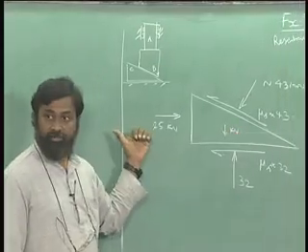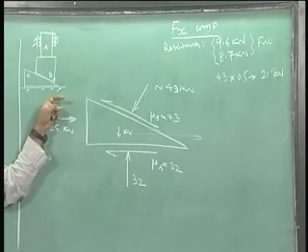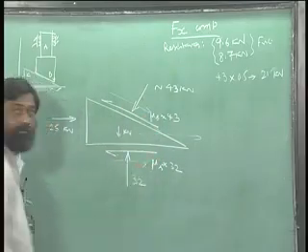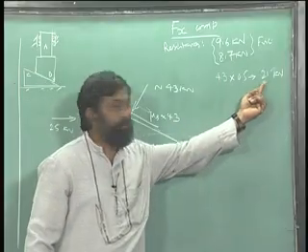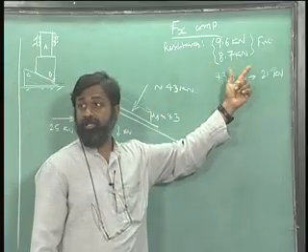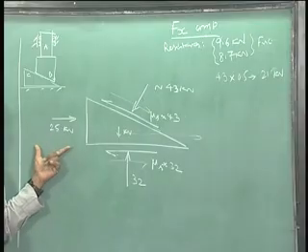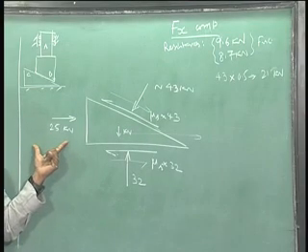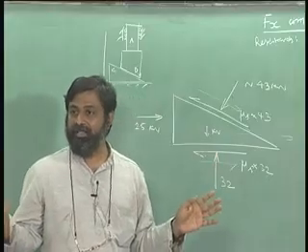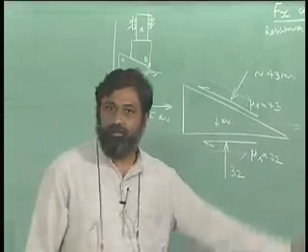If it is moving towards the left hand direction, the possibilities are it has to resist this 25 kilonewtons, it has to resist the 2 frictional forces now in the opposite direction, and therefore 21 kilonewtons should be able to push this to the left, but the resistance by friction itself is 18, the remaining 3 or 4 kilonewtons is automatically offset by this 25 kilonewtons, which means that this wedge C is also in the static condition, and therefore there is no movement that occurs from what we have found out.